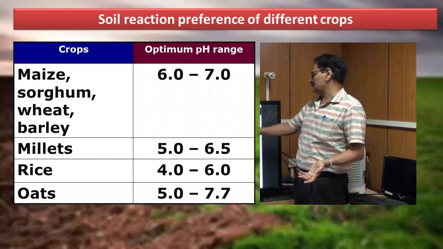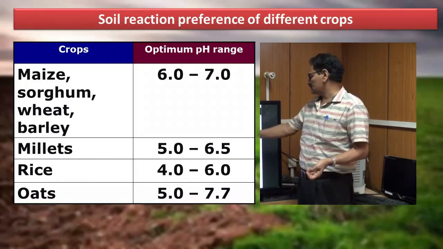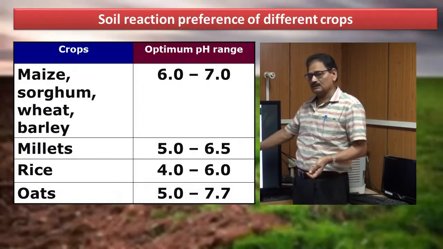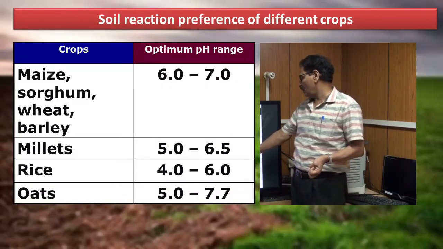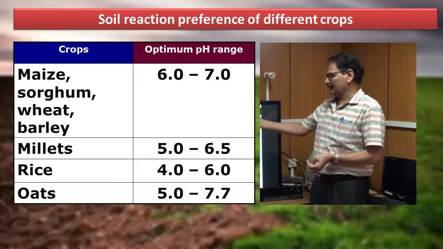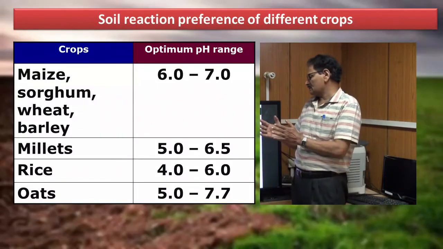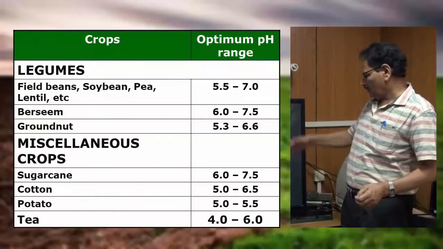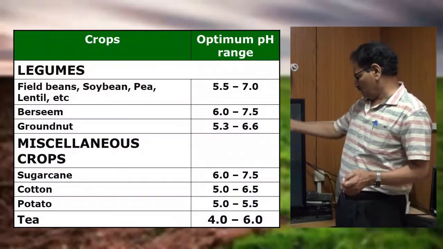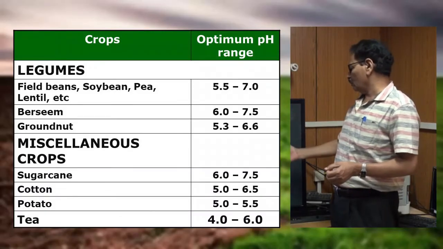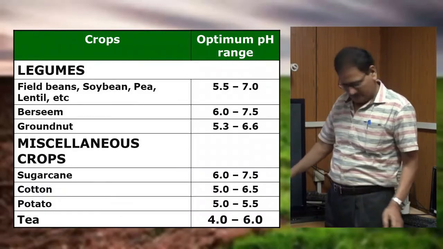Our farmers can successfully grow millets at 6 to 7 pH, and rice is a very acid tolerant crop that can be grown at 4 to 6 pH, and in the rice case, due to the submergence, water also acts as a liming material. Now these are also some selected crops we can grow successfully at different pH ranges.